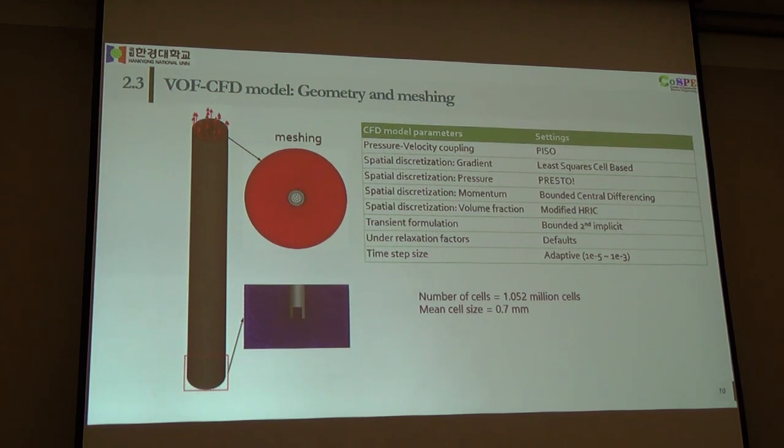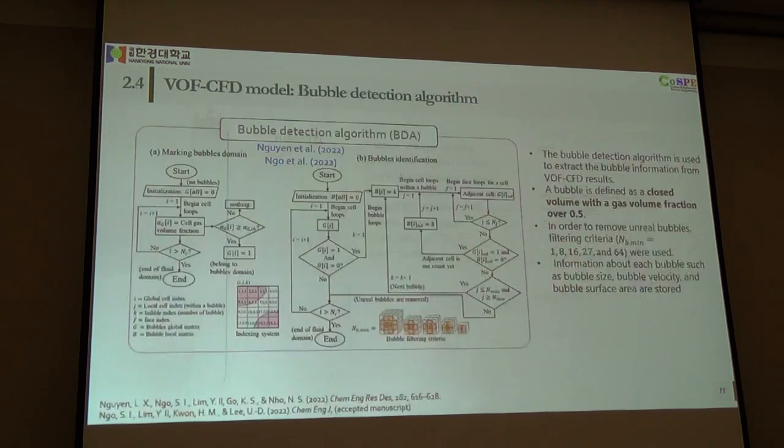And in order to improve the accuracy of the model on the interface, we apply the modified PLIC volume fraction displacement scheme, and we use an adaptive time step size to accelerate the computational time.